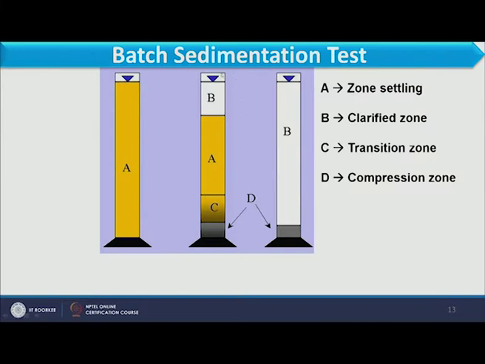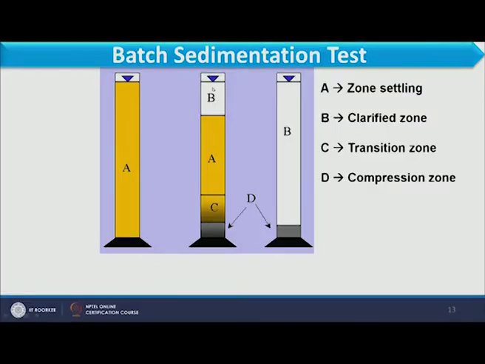So, after some time we have a few zones in the glass cylinder. To observe that, we have to take a glass cylinder, not an opaque one through which we cannot see. So, we always have to take the glass cylinder for this test.